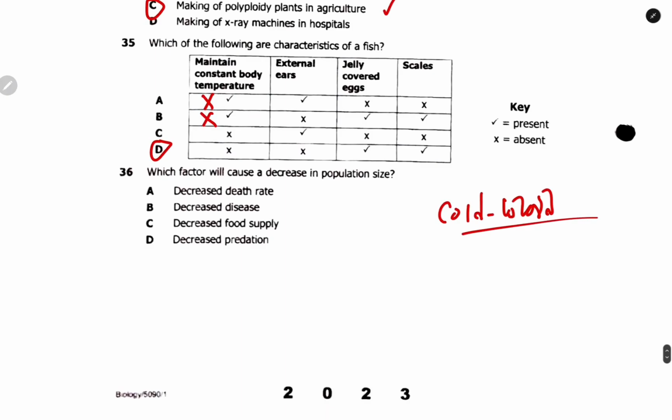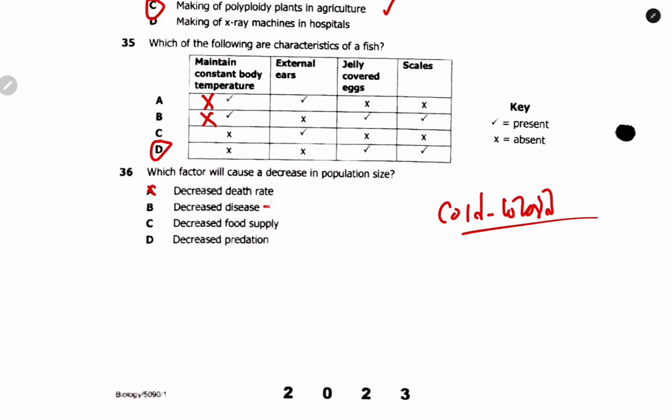36. Which factors cause decrease in population size? Here A we are saying decrease in death rate. If organisms are not dying, the population will increase probably. So this is not. Decrease in disease.